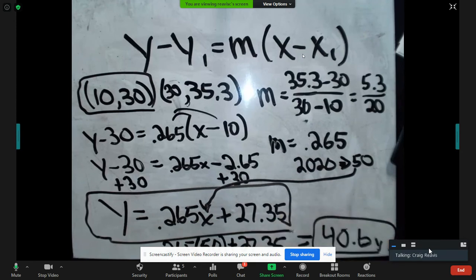So the answer to that question is 40.6. So we came up with an equation, and then we substituted into the variable x to make a prediction. All right, 40.6.